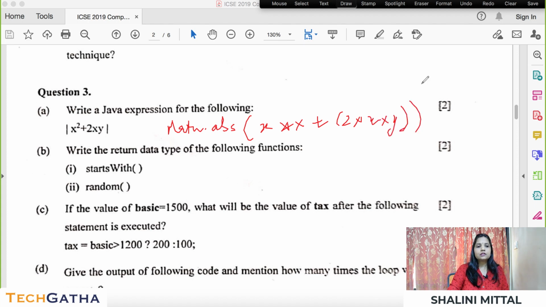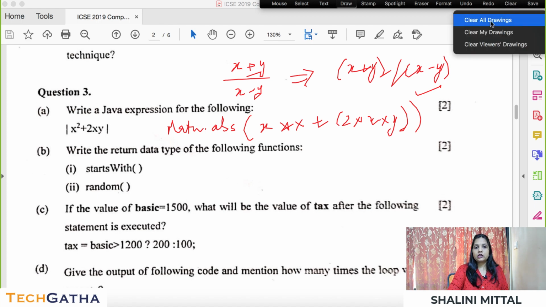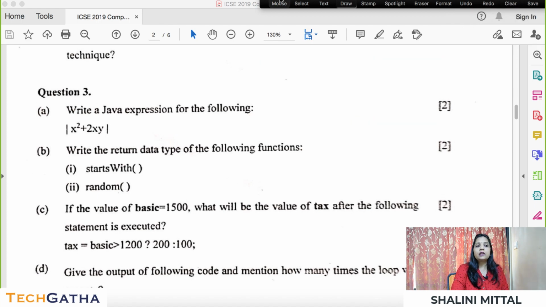So you can write this, no issues about it. But you may have questions like x plus y divided by x minus y. If you want to convert this expression to a Java expression, do not forget the round brackets. They are very, very important. Otherwise, it will change the expression. So always read the mathematical expression very carefully and accordingly convert it to the respective Java expression.